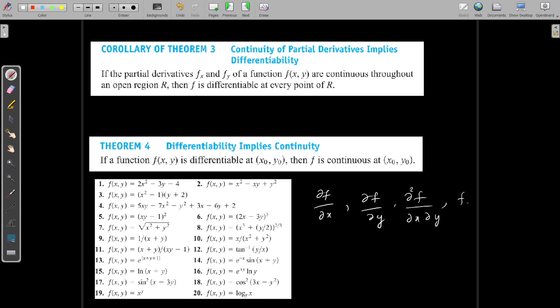Then evaluate fy. This is fxy. So this represents d square f by dy dx. Okay. This is nothing but d square f by dx first, then dy. Okay. So you evaluate all of these partial derivatives for these functions. This is your exercise.